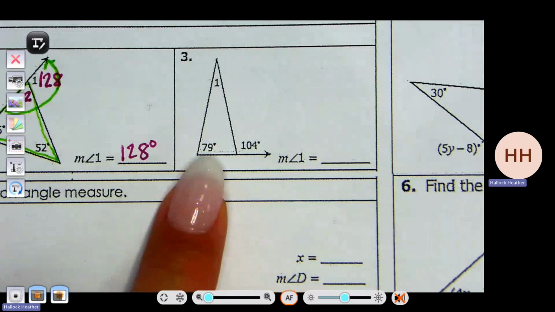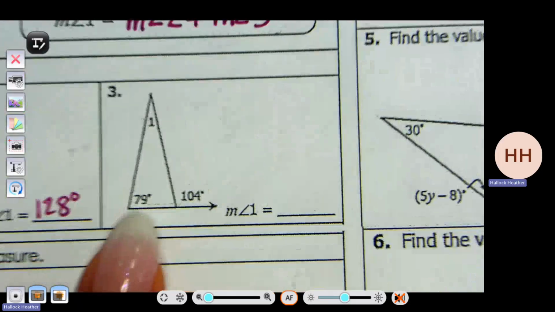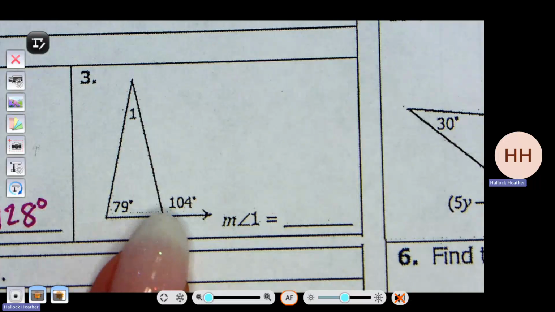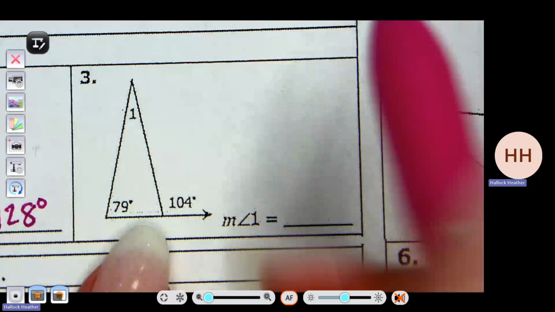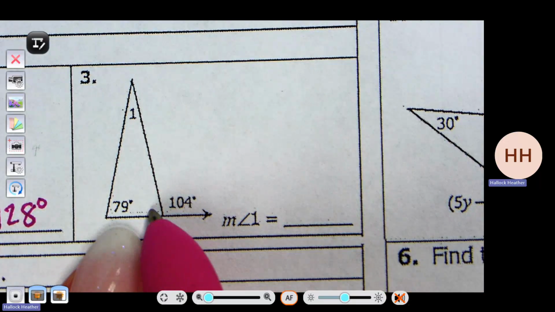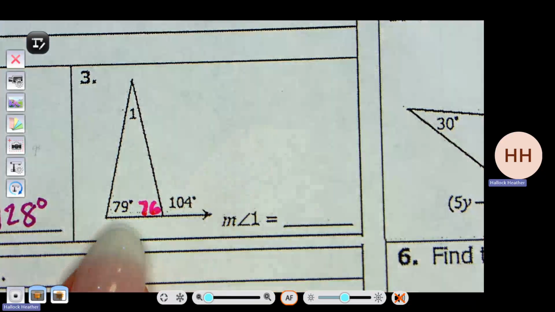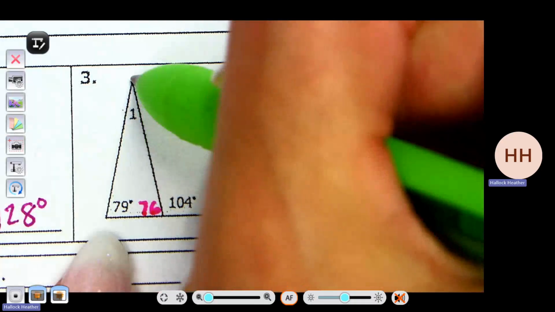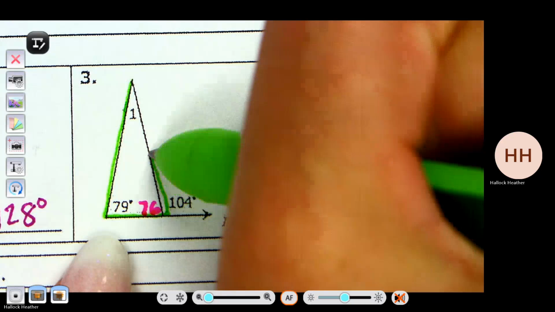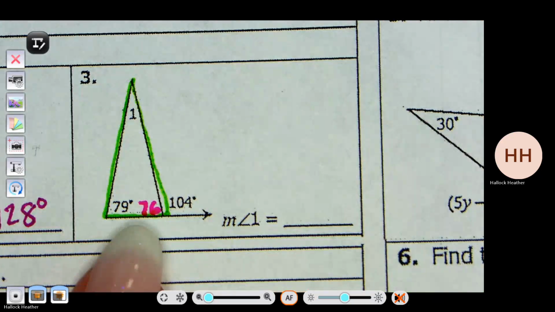So for number 3, I'm going to show you the way that uses all the stuff. If this is 104, how much is directly next to it? 76, because it adds to make 180 because it's a straight line. Then a triangle adds to make 180. So 25.